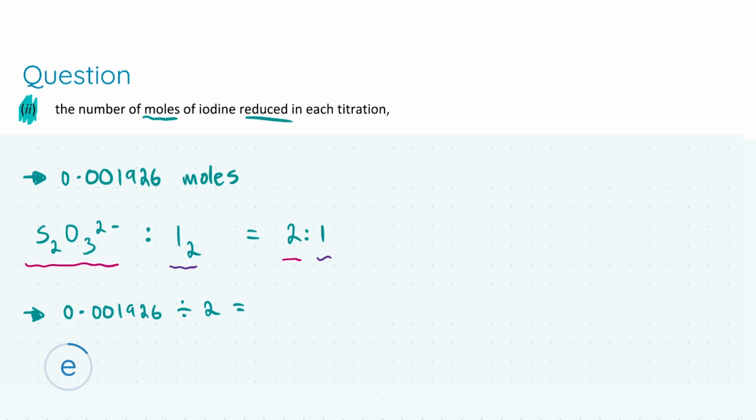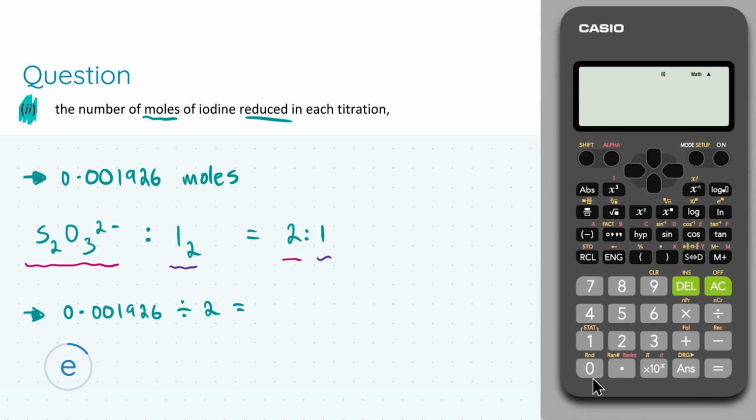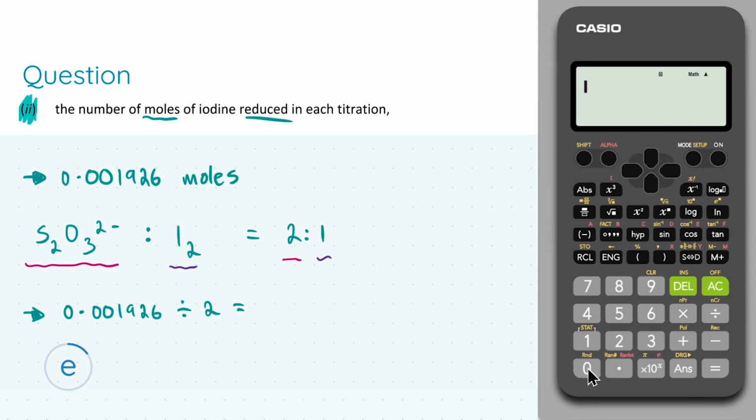So in this case, this 2:1 ratio is all that you need to know in order to do the maths here. So pulling open my calculator here, all I'm going to do is fill in what we know. So as we said, 0.001926, this is the number of moles we found in part 1. I'm going to divide that by 2 because it is present in a 2:1 ratio, and that means if we want to find the amount of iodine, we need to divide by 2.